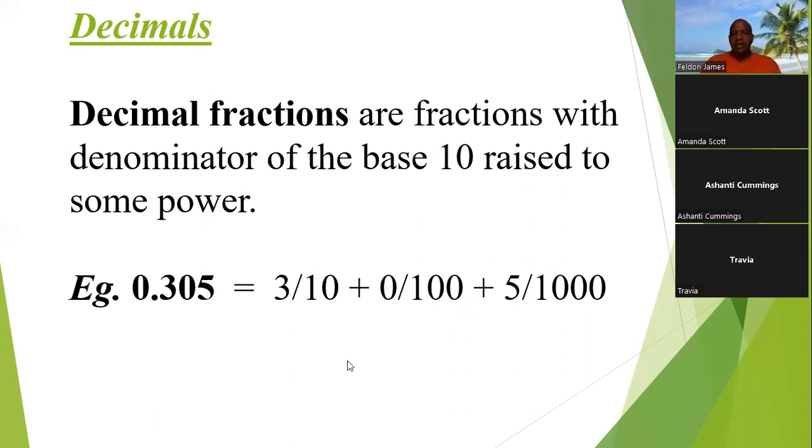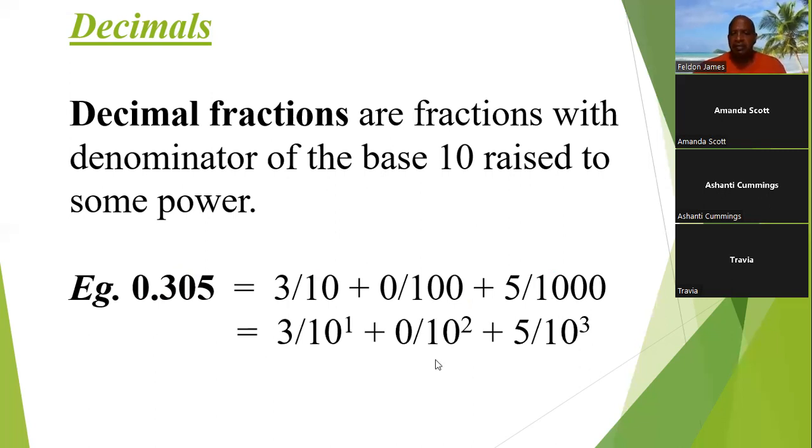Now remember, we say that these represent the fractional part of the decimal. If you look at them in terms of powers of 10, you see that 3 over 10 is 10 to the power 1, 0 over 100 is 10 to the power 2, 5 over 1,000 is 10 to the power 3.